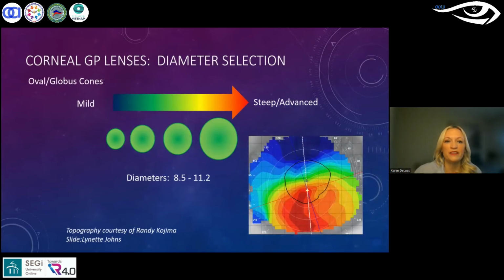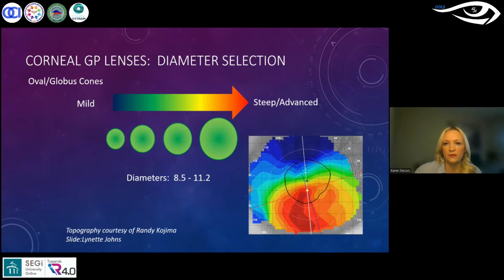For gas permeable lenses, again, with oval or globus cones, those are the cones that are going to be more like your pellucid, where you have the majority of that thinning and steepening more inferior. You're usually going to use a larger diameter the more steep the lens gets.